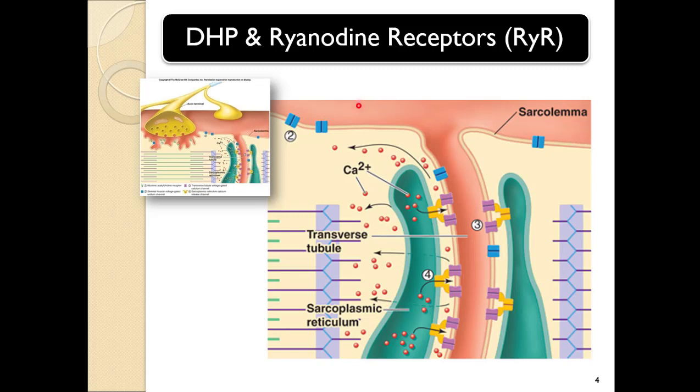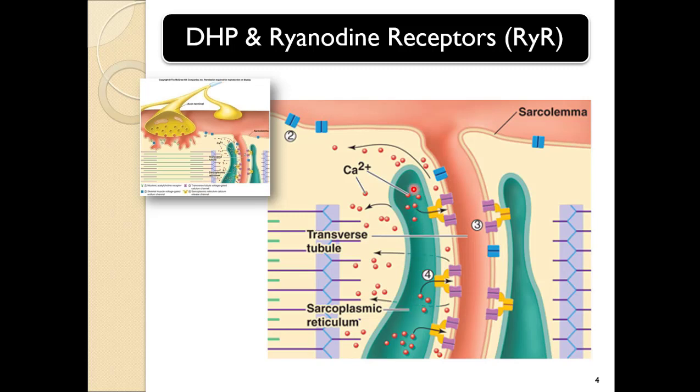If we move to this larger picture, this is just a larger version of this region of the picture. What we're looking at here is the sarcolemma of the muscle cell, and here's the T-tubule. Now we can see in greater detail some of the proteins that are involved with moving the action potential signal over to the sarcoplasmic reticulum in order to get the release of calcium from the sarcoplasmic reticulum.